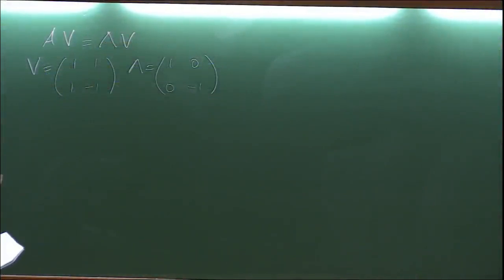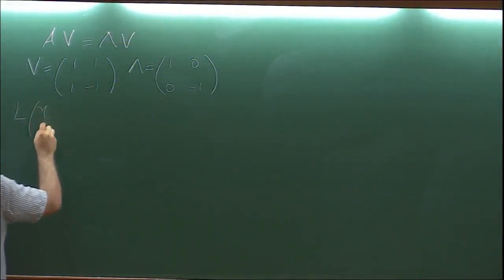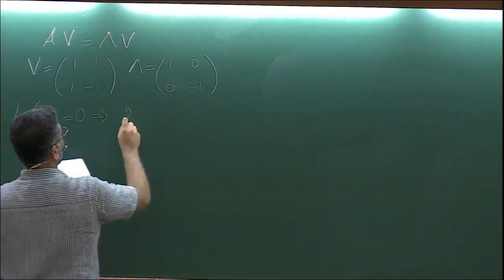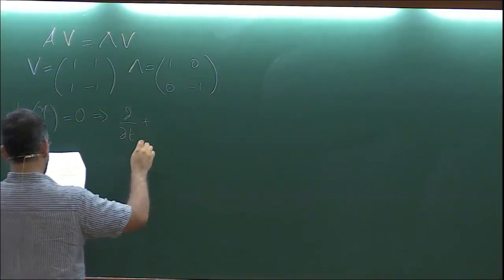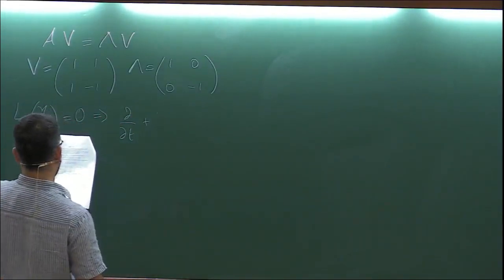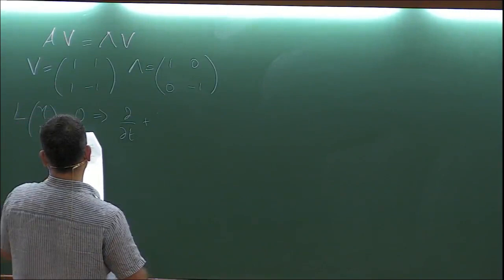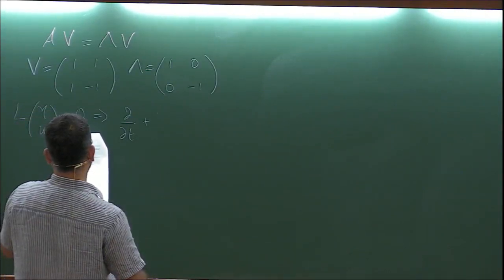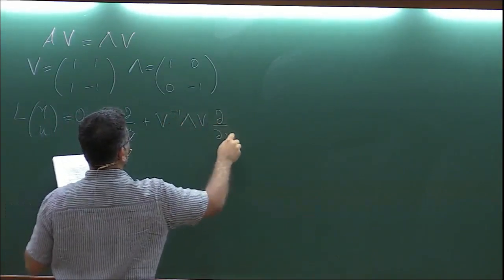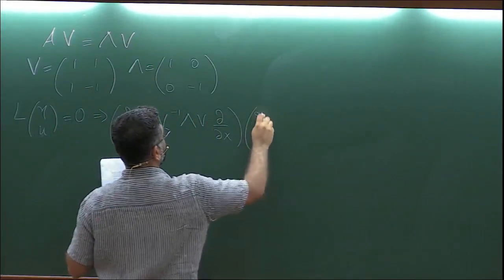Okay, so with this, we can consider L applied to eta, u equals 0, and I can write it in the following way using the decomposition. That is V inverse lambda V d/dx of eta, u.